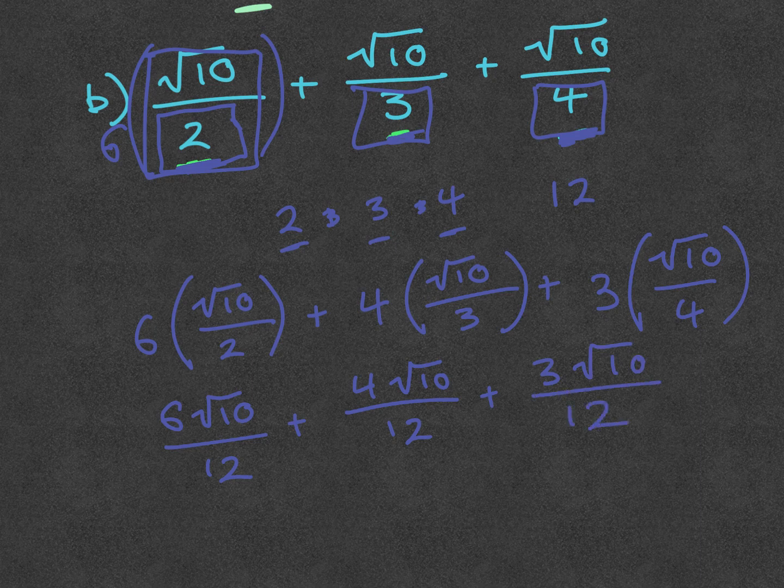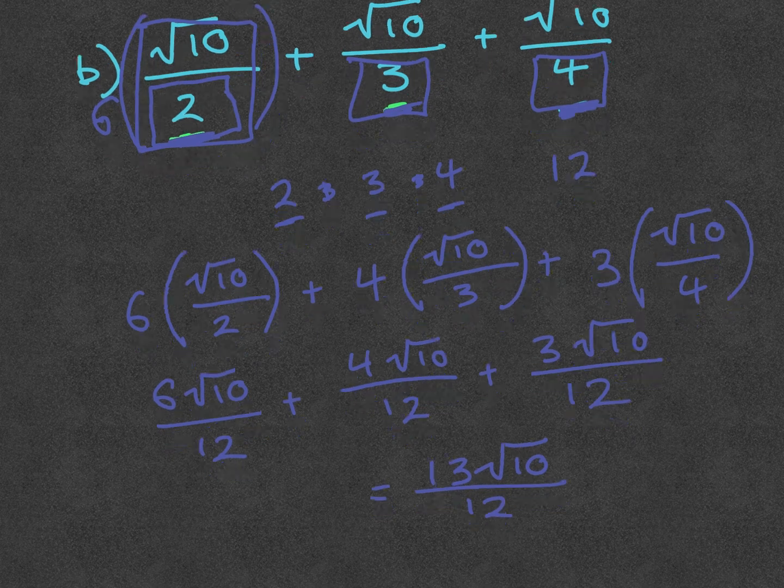Now we can add everything together because the denominators of our fractions are the same. So we've got 6 lots of root 10 plus another 4 lots of root 10 plus another 3 lots of root 10, which gives us 13 lots of root 10 divided by 12. And that's our final answer for that one.